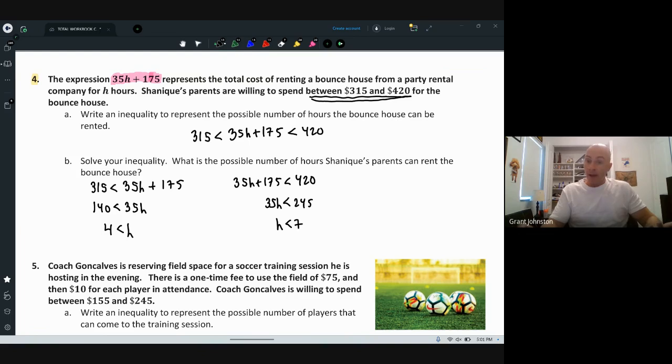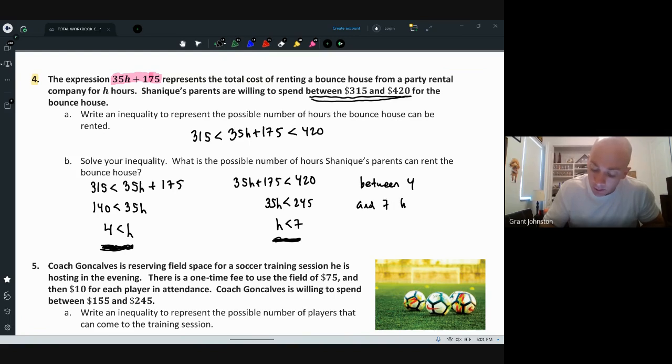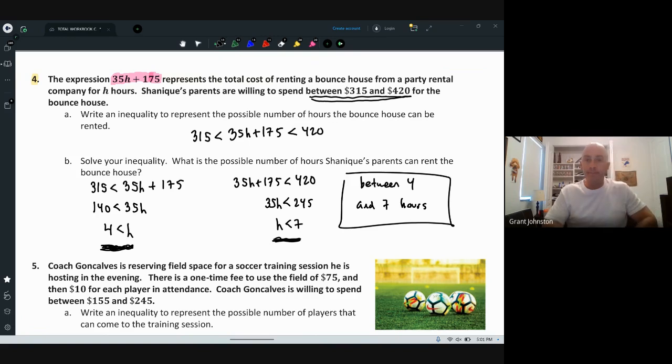So what this is saying is that the hours to rent it would have to be greater than 4, but less than 7. So I would say between 4 and 7 hours. Okay, I'll let you do the rest.